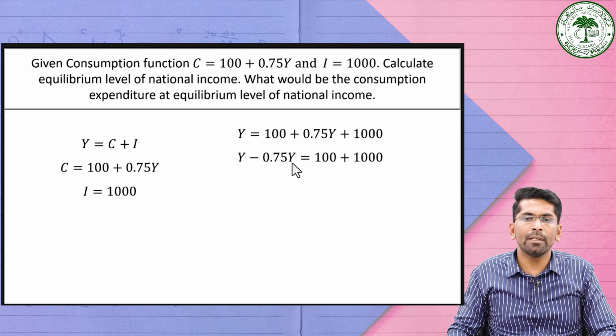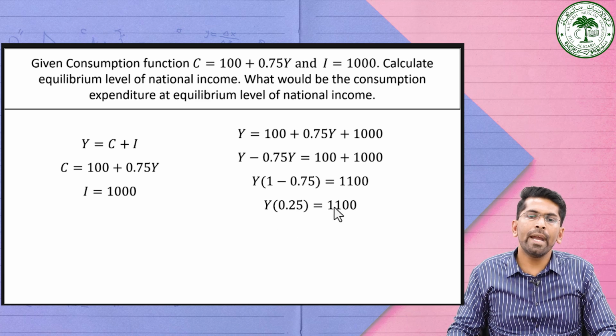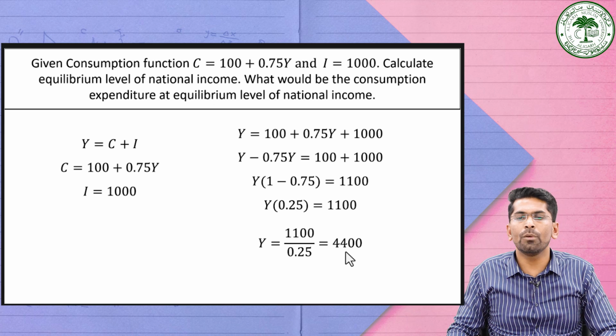Y is common, so I take it outside: Y into 1 minus 0.75 is equal to 1100. So 1 minus 0.75 is 0.25, so 0.25Y is equal to 1100. Dividing both sides by 0.25, we get Y is equal to 4400. This is the equilibrium level of income.